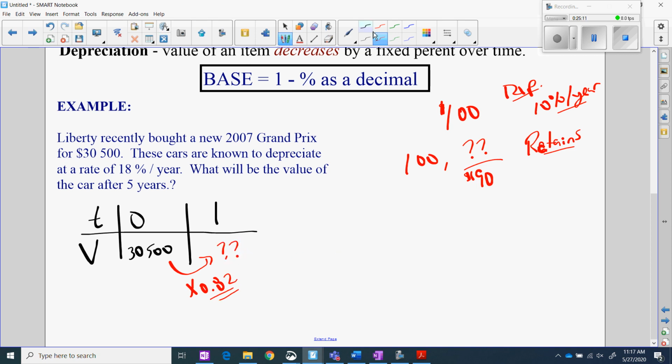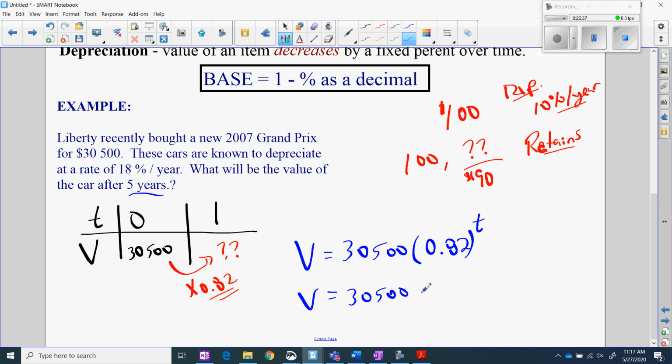Our function will be the value of this car is the starting amount multiplied by the common ratio of 0.82, to the exponent t over 1, since we're going by a scale of 1. So how much is it worth in 5 years? 30,500 multiplied by 0.82 to the exponent 5.